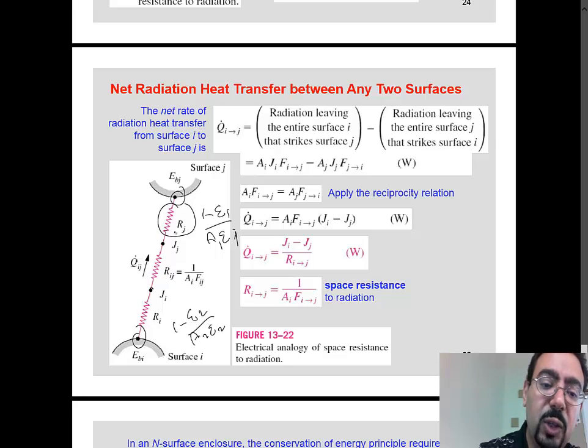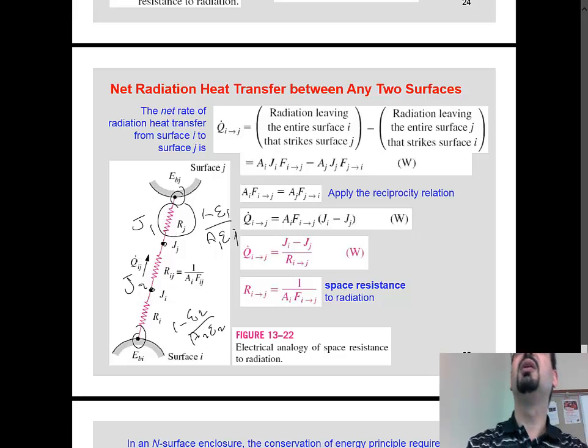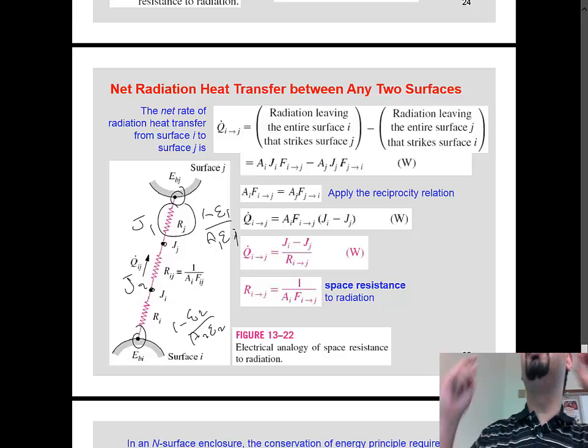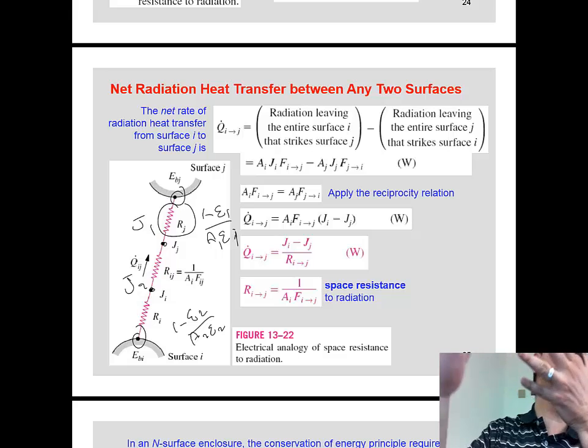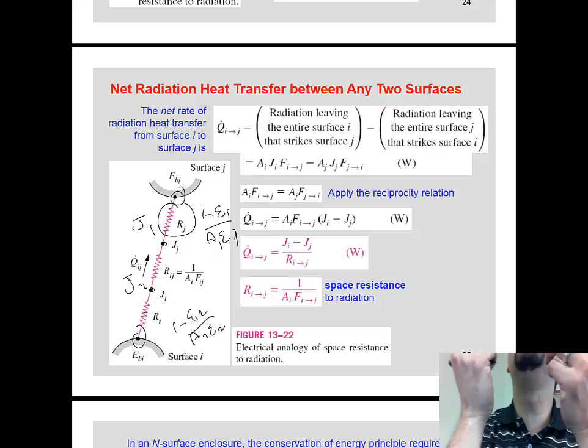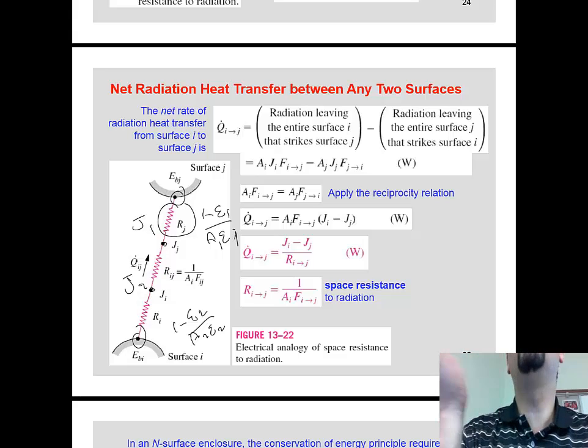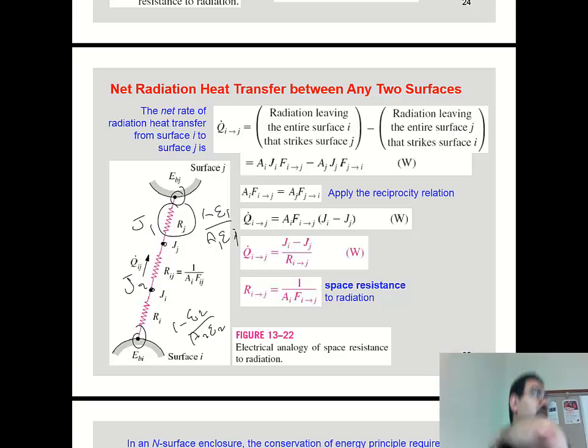After that you'll get J1 and J2. What separates the black body radiation from the actual surface radiosity, what will leave the surface, is the surface resistance to radiation. And that term would be 0 for a black body, if epsilon is 1 that term will disappear. Okay?